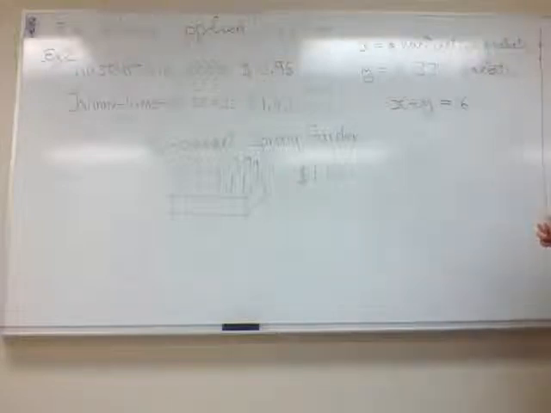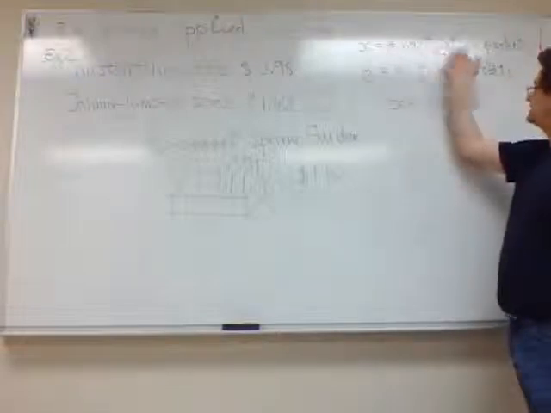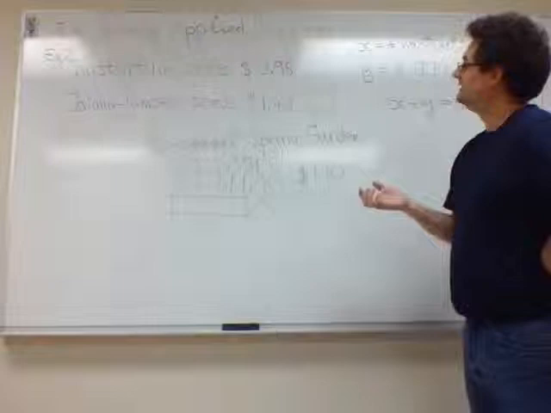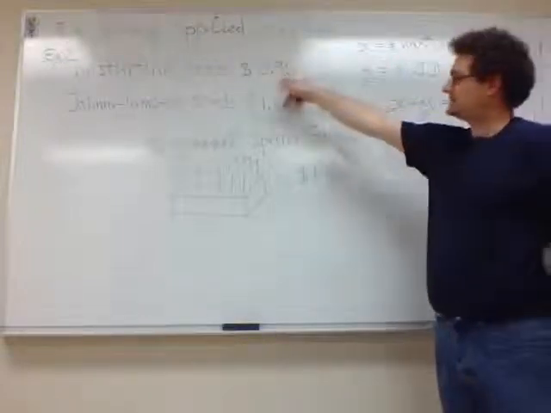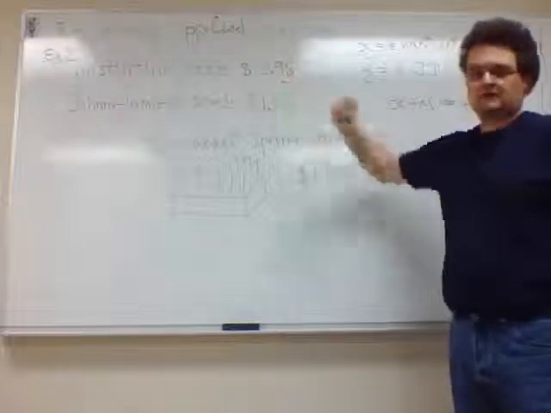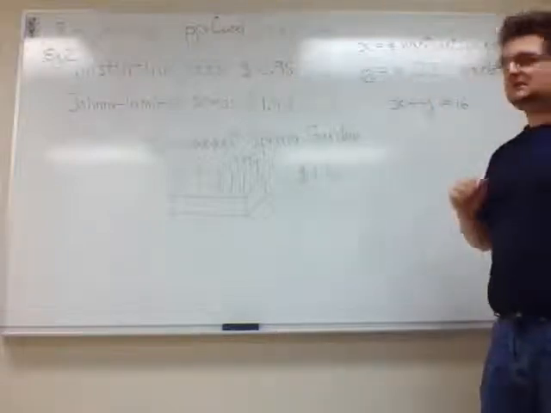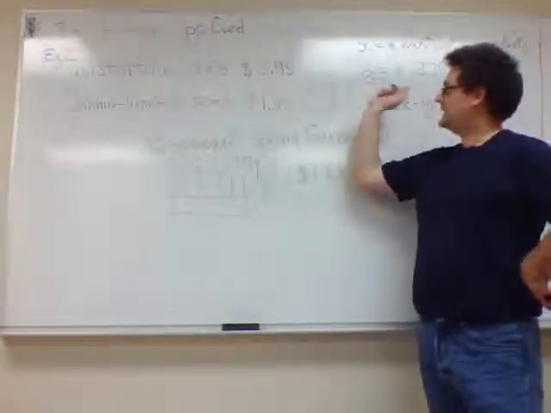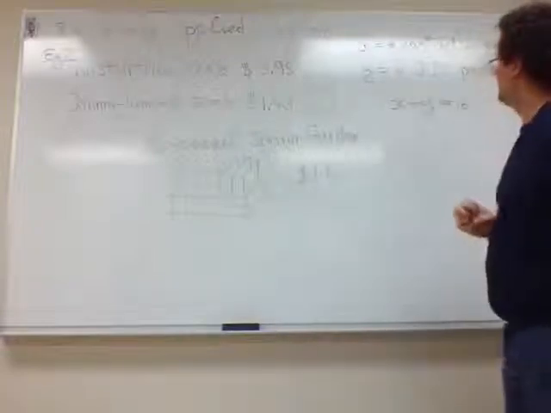Now if you have X nasturtium packets, you know exactly how much they cost. They cost X times $0.95. If you have Y Johnny Jump Up packets, then they in total cost Y times $1.43.